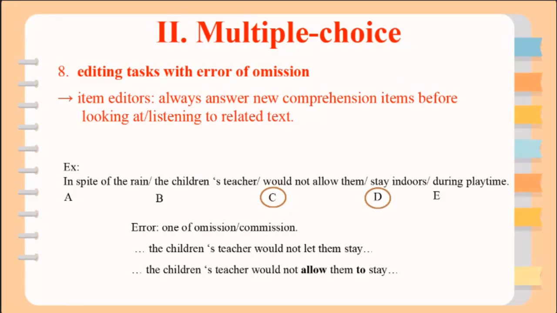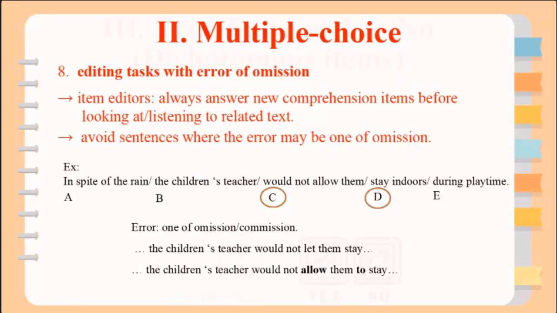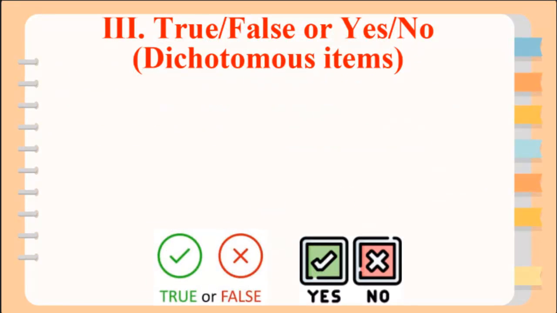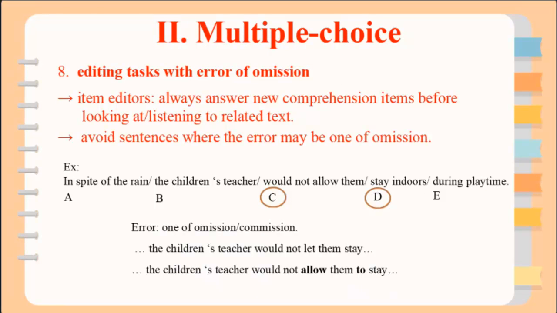So the text item editor needs to always answer the item before publishing the text and avoid sentences like the error, commission, and omission already included in the text. Maybe sometimes, from carelessness, we may write sentences with mistakes like this.